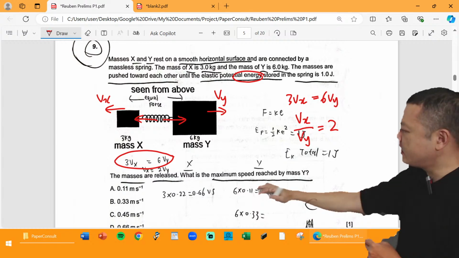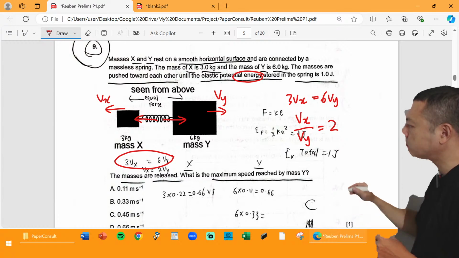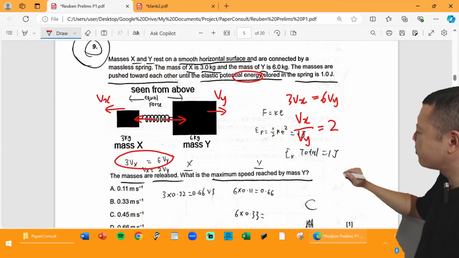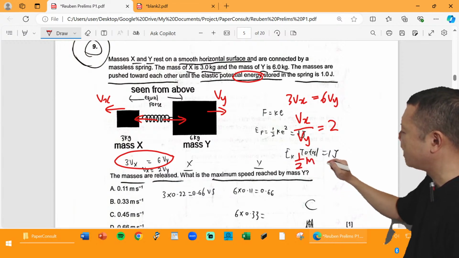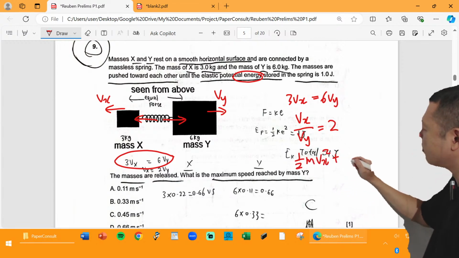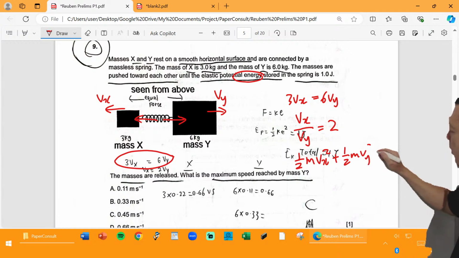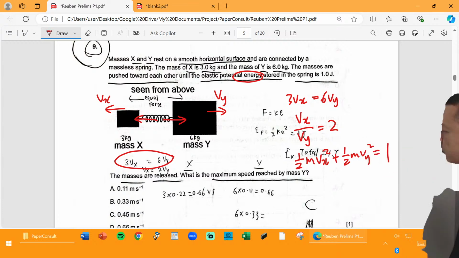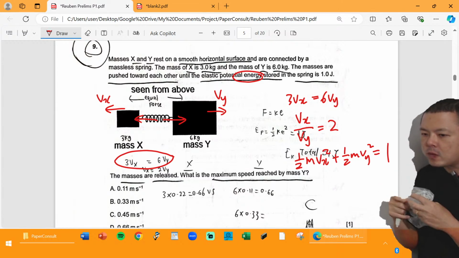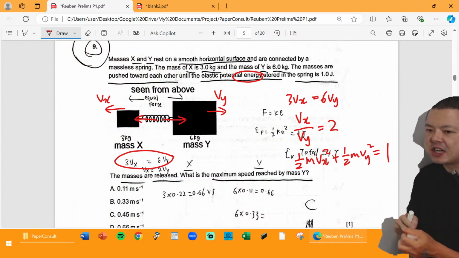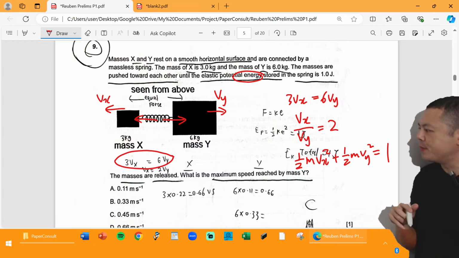They want you to find the maximum speed. I think you almost got it right, because the next thing you're supposed to do is half m Vx squared plus half m Vy squared is equal to 1 joule. I think that will be the case.